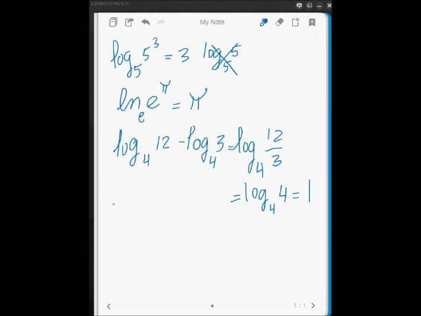Okay, we can do the same thing if we had a multiplication. So if this was, and we'll change the numbers, log 12 of 4 plus the log 12 of 36. If it's an addition, you can write it as a multiplication.